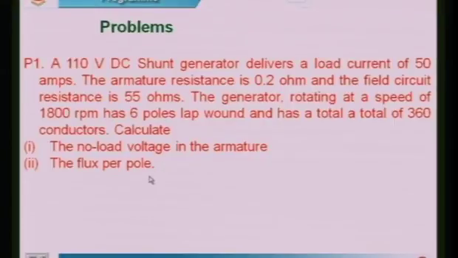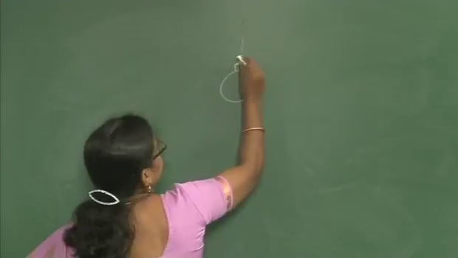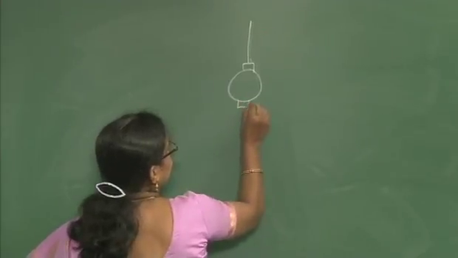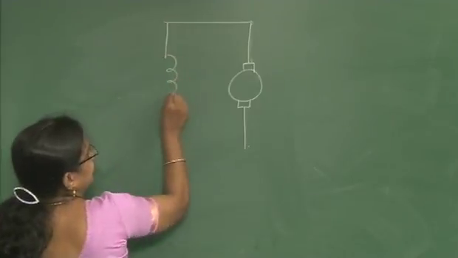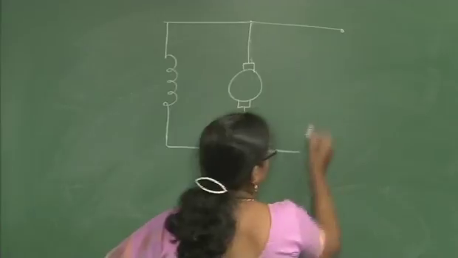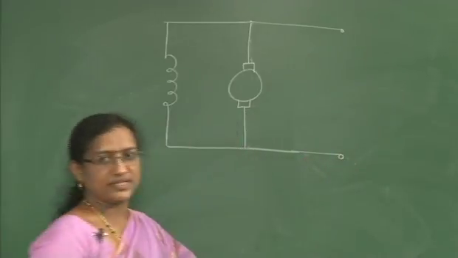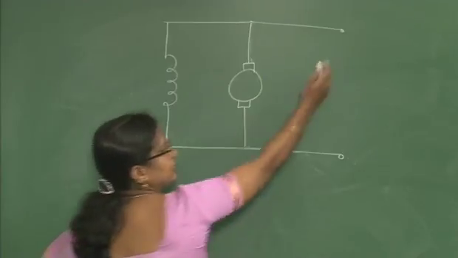So it is a shunt generator. Shunt generator means the armature is connected in parallel with the shunt field coil. In the first case, you have to calculate the no load voltage in the armature, meaning without connecting the load.